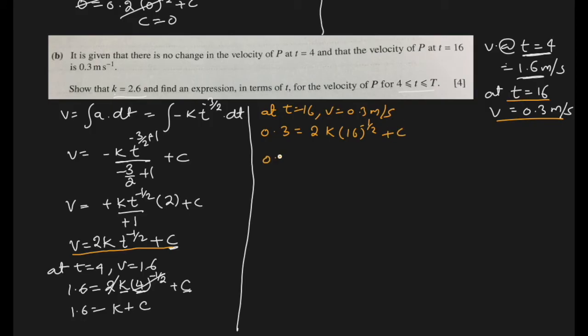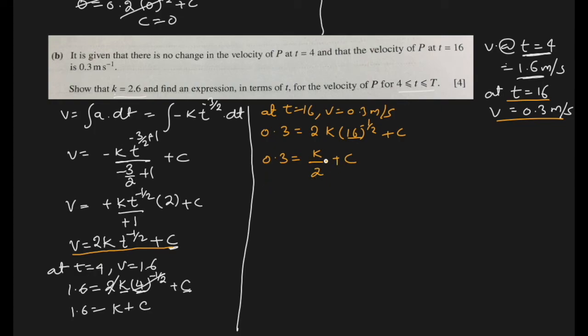So 0.3 equal to 16 to the power minus half, which will be 1 over square root 16, which is 4. So k over 4, right? 2 times 2, k over 2 plus c. Okay, you can use your calculator. This will be the one.